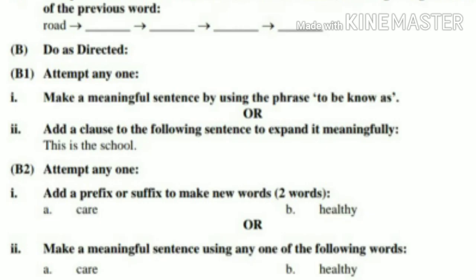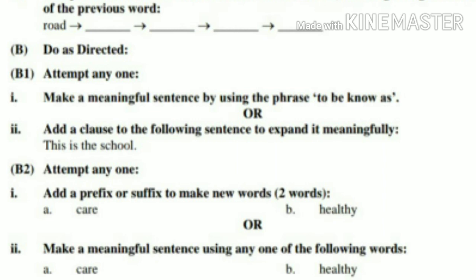Children, let's see section B, do as directed. B1, attempt any one. First one is make a meaningful sentence by using the phrase to be known as. Or 2, add a clause to the following sentence to expand it meaningfully.